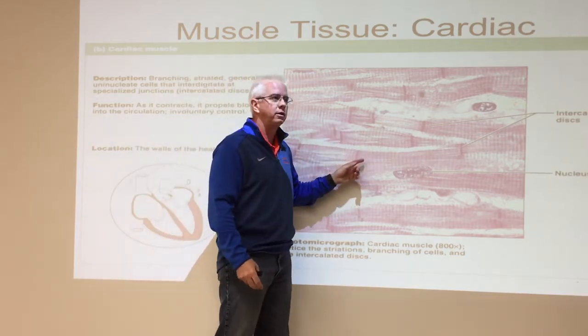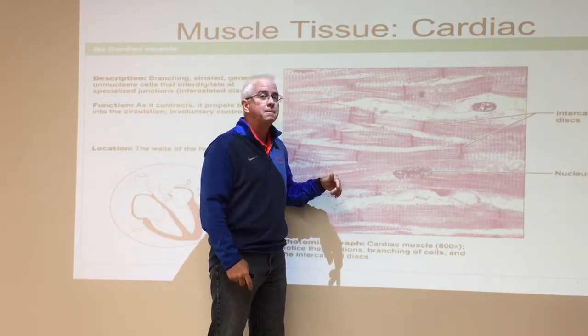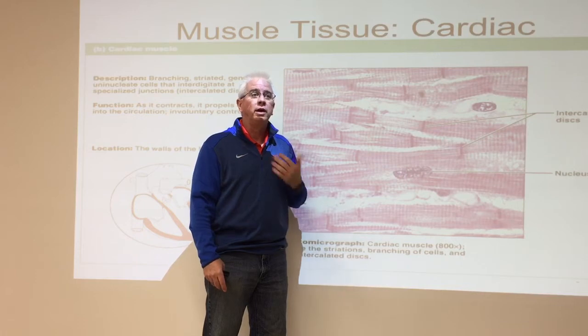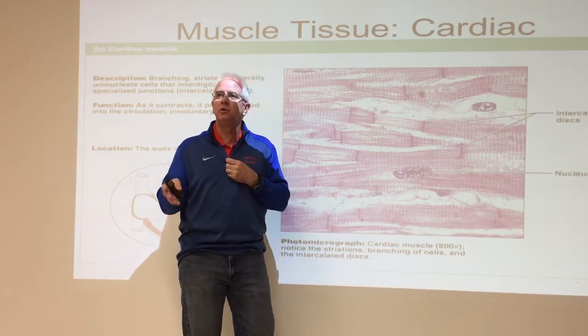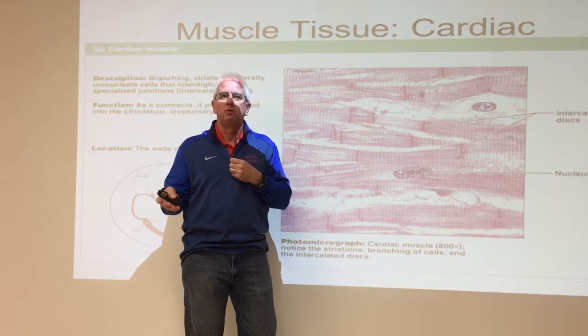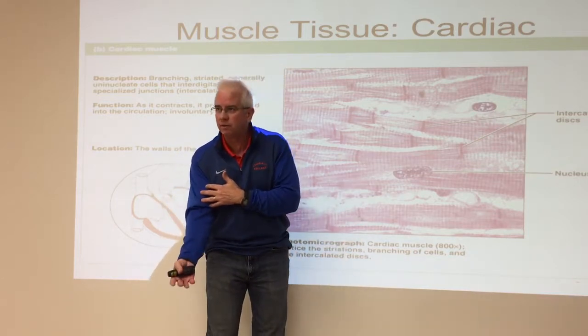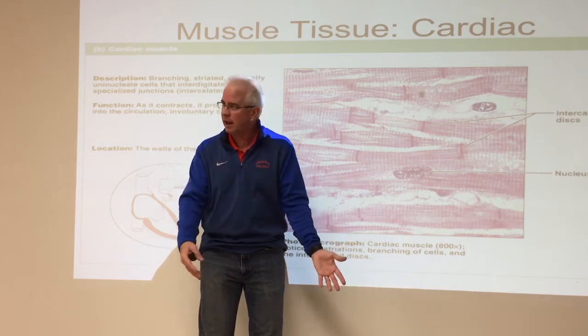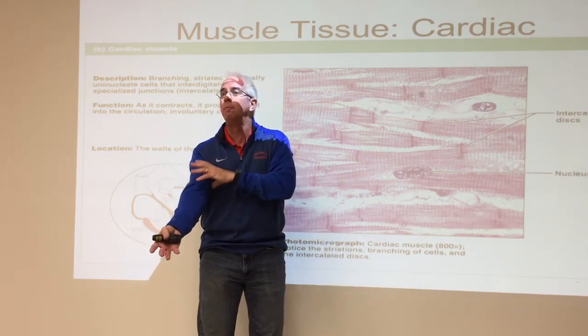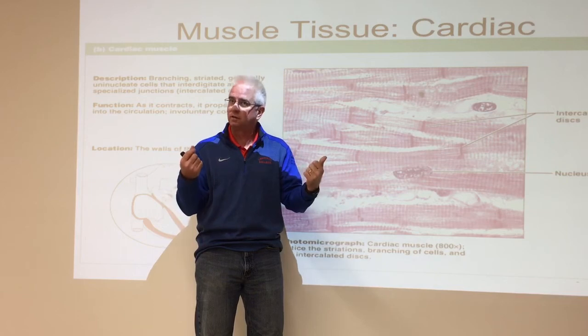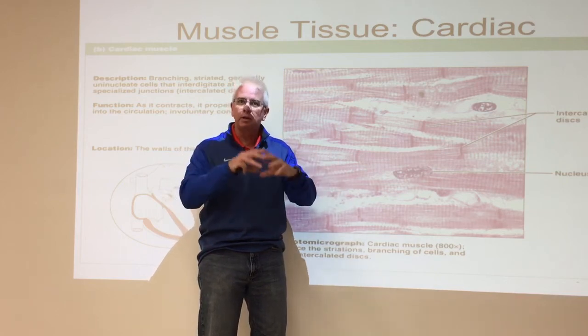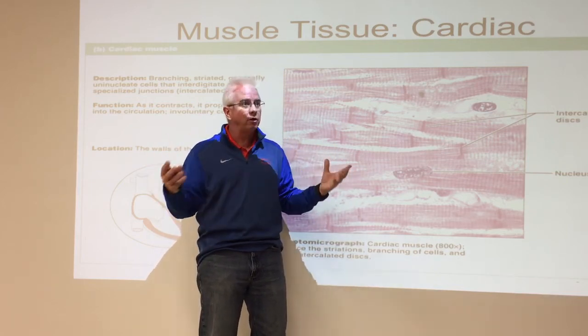In the heart, let me start with skeletal muscle. In skeletal muscle, whenever you do something with a muscle, you want to use enough cells to do the job. So if I pick up something very light, I want to use a small number of the cells. If I pick up something very heavy, I want to recruit more and use more of the cells. So skeletal muscles have the ability to use some and not others.